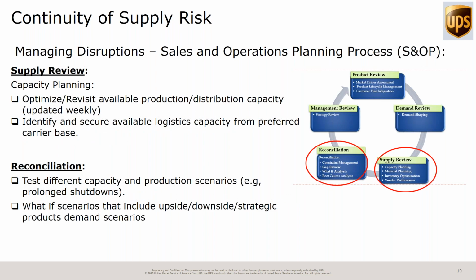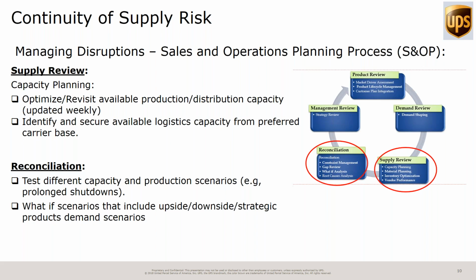Continuing with the supply review, capacity planning, there will be a need to optimize and revisit the available production and distribution capacity more frequently, updated weekly instead of a regular monthly cadence as part of your regular S&OP process.